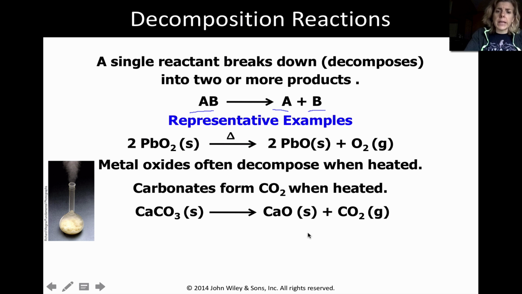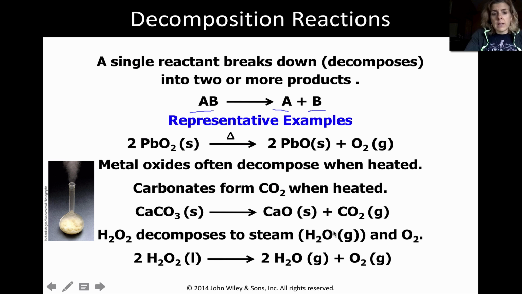We also have carbonates. Calcium carbonate, when heated, will form carbon dioxide and calcium oxide. And then lastly, we could have hydrogen peroxide. When it breaks down, it becomes water and oxygen. So these are all decomposition reactions.